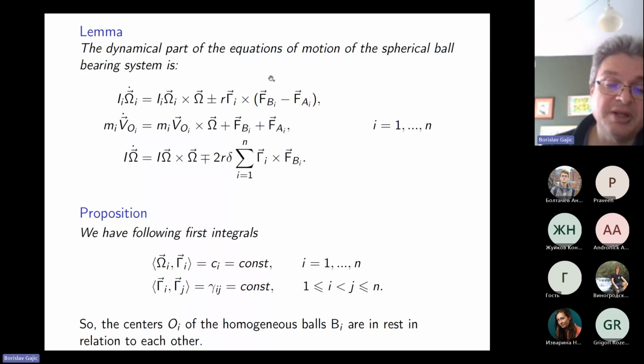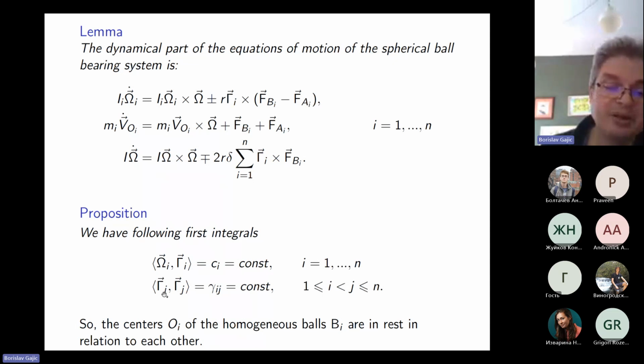From these equations of motion, we obtain the first integrals. So the projection of the angular velocity of the big ball to the direction of gamma_e is constant. It's a very nice integral.